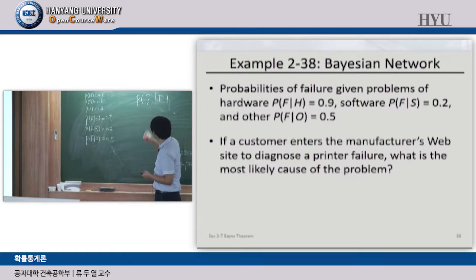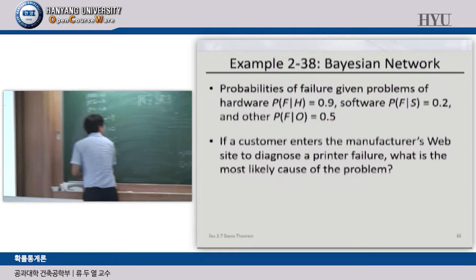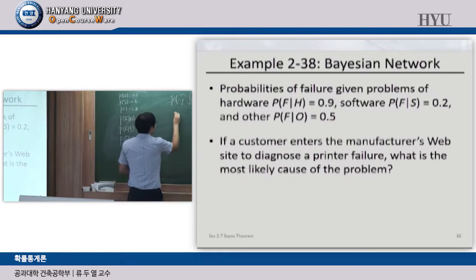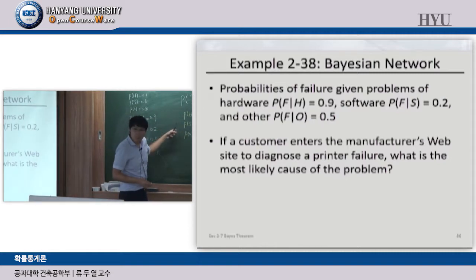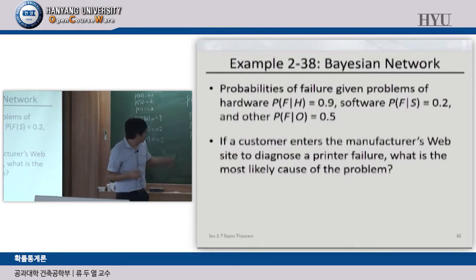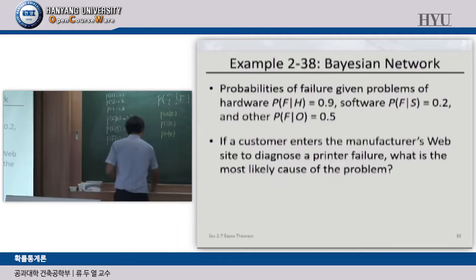So we have to calculate the probability of hardware given failure, the probability of software given failure, and the probability of other given failure. When we calculate all these three things, we can determine which one gives the most likely cause of the problem.